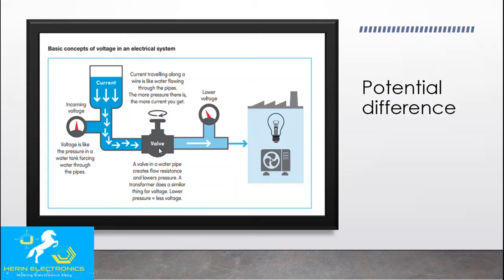Similarly, when there is internal resistance and less voltage, current through the wires doesn't flow easily. Similarly, in an electrical system, the higher the electrical pressure or potential difference across a section of the system, the greater the amount of current that will pass through the system for a given level of electrical resistance.